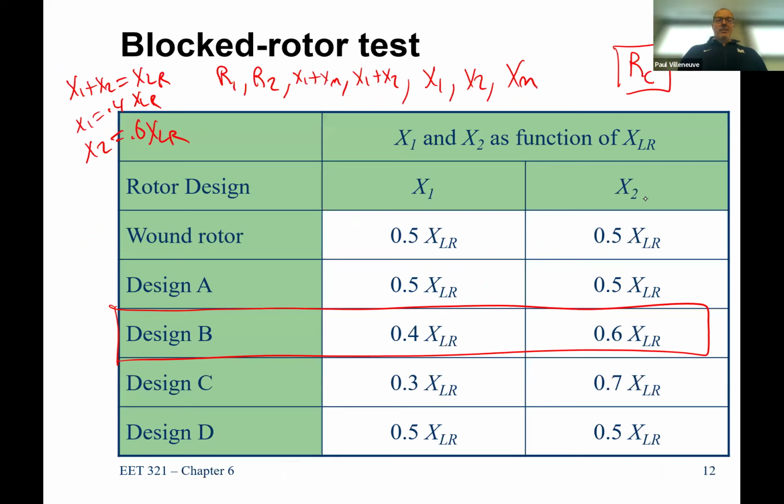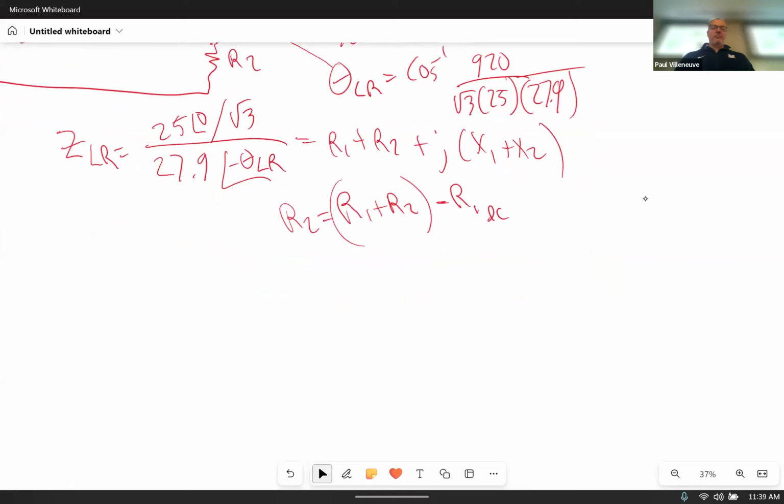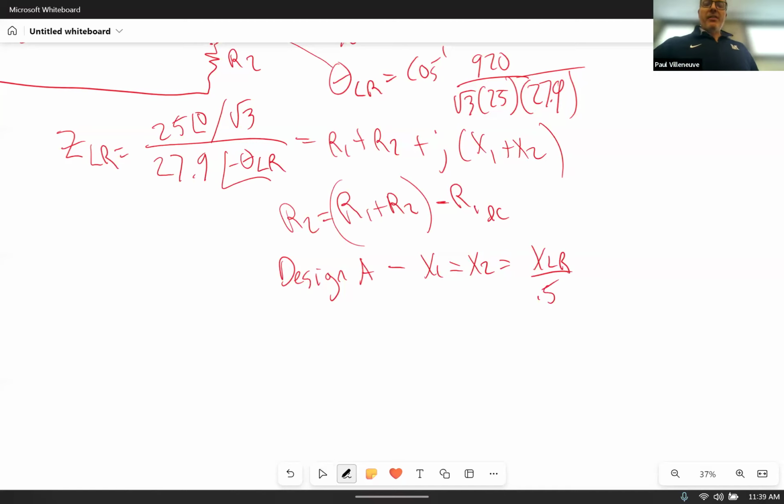And to be able to solve for X1 and X2, I've got to use my NEMA design. So my NEMA design for type A, they're both the same. So since it's a NEMA design A, we have X1 equals X2, which equals your locked rotor reactance divided by 2. Now, one other thing we need to do is that's X1 and X2, but that's at 15 hertz.